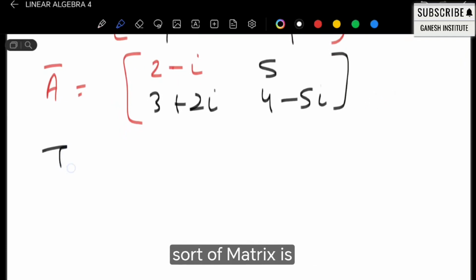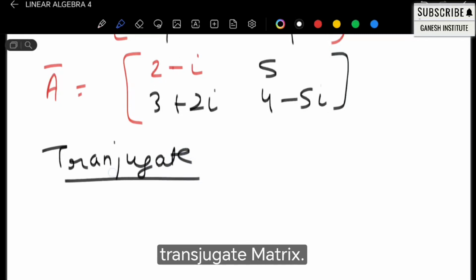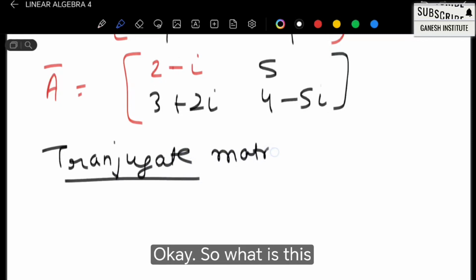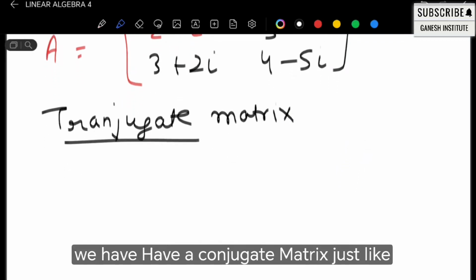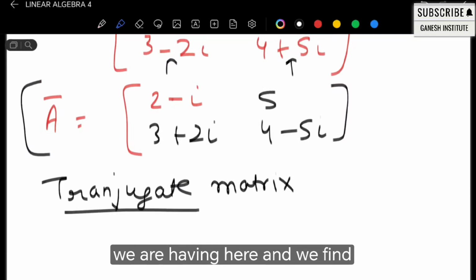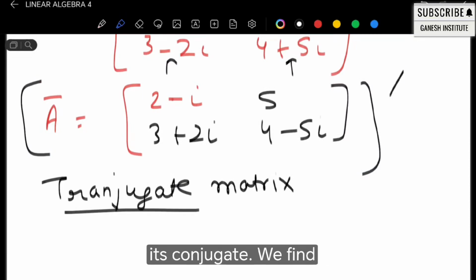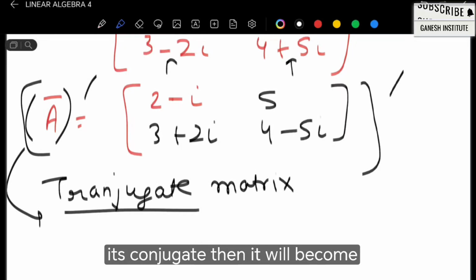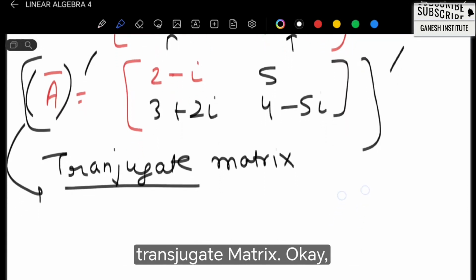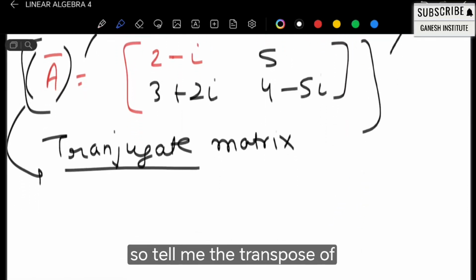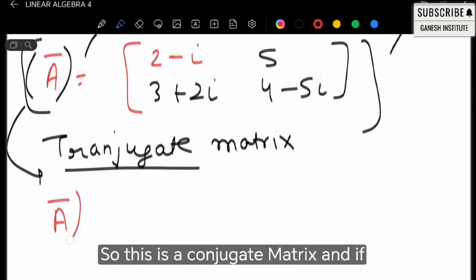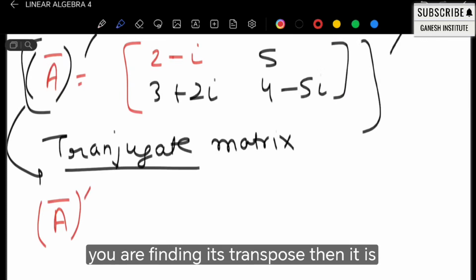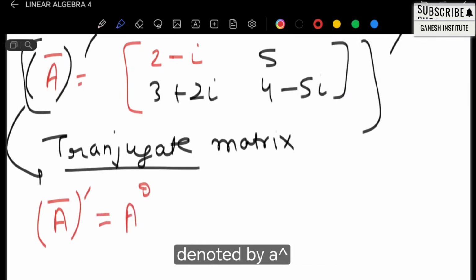Similarly, another sort of matrix is the tranjugate matrix. Okay, so what is this matrix all about? When we have a conjugate matrix, just like we are having here, and we find its transpose, then it becomes the tranjugate matrix, denoted by A raised to power theta.